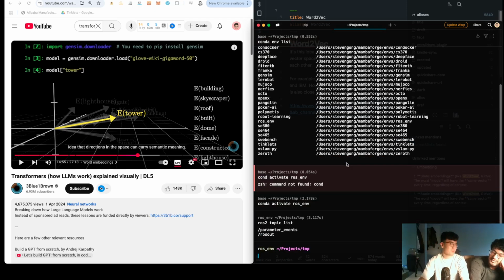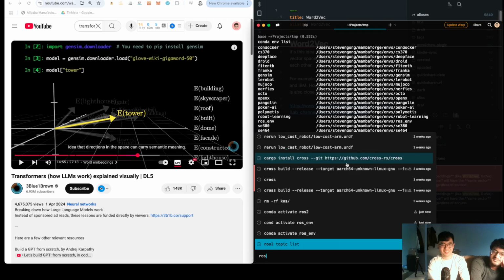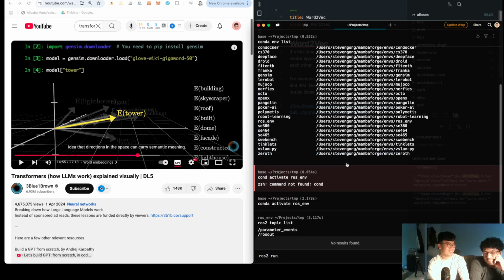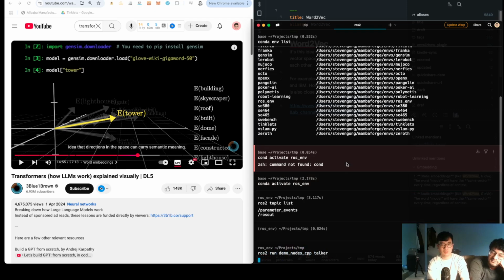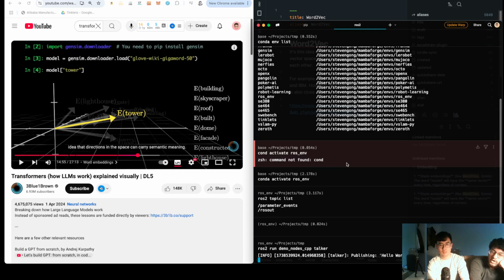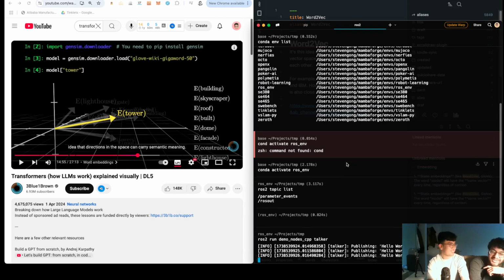It'll be slow, but yeah. Nice. Yeah, I can get ROS to run. I don't even know. Demo. Talker. To run demo. Oh my god. How do I know my commands? I don't know. Damn.